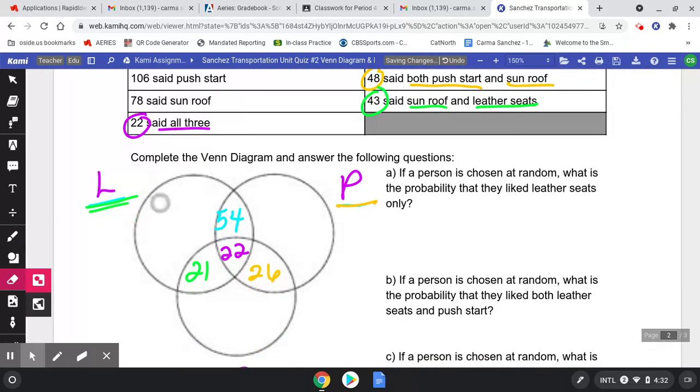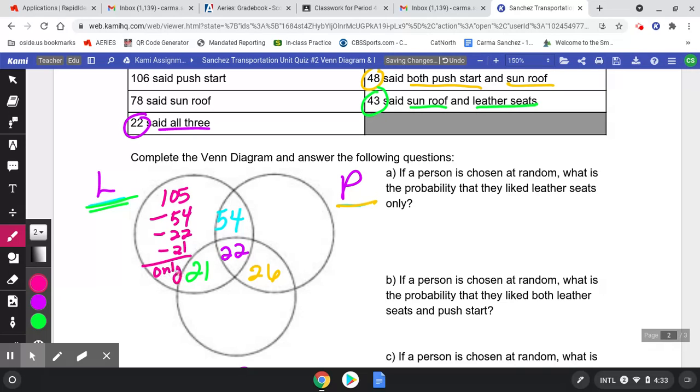And so I do not just go write the 105 right here because we've already counted 54 and 22 and 21 people that said leather, but they also said other things too. So we don't want to double count those people, so we need to subtract. We need to do the 105 minus 54 minus 22 minus 21 so that we can get the total here of how many people like the leather only and not any other features.